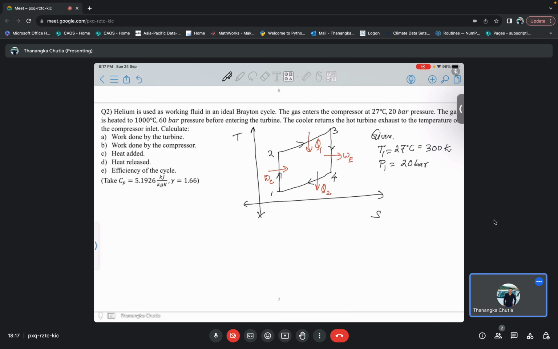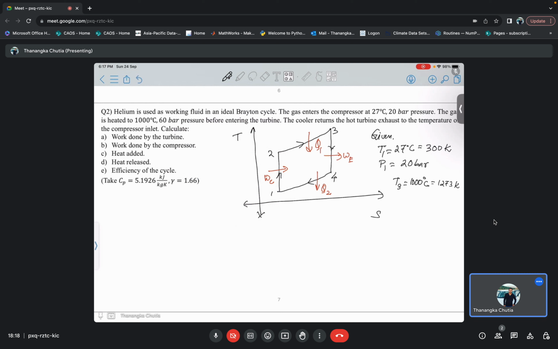Okay, next, the gas is heated to 1000 degrees Celsius and 60 bar pressure before entering the turbine. Now the turbine process is 3 to 4, so before entering the turbine, that means it is point 3. Okay, so T3 is 1000 degrees Celsius, which I can write as 1273 Kelvin.